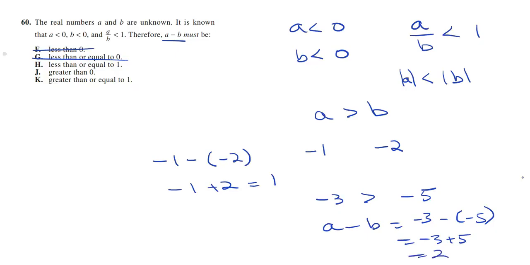So greater than 0, definitely. Less than or equal to 1, nope. Greater than or equal to 1, not necessarily. It's not necessarily greater than or equal to 1, because we can see instances where it's 1 and instances where it's greater than 1. You could fall for this as a possible answer choice, but the best answer choice that satisfies both scenarios is that our value is greater than 0.